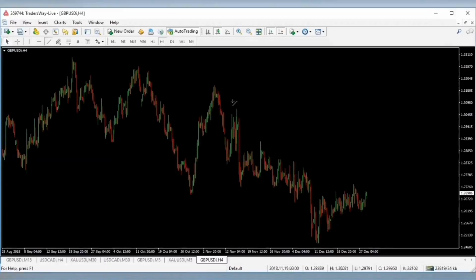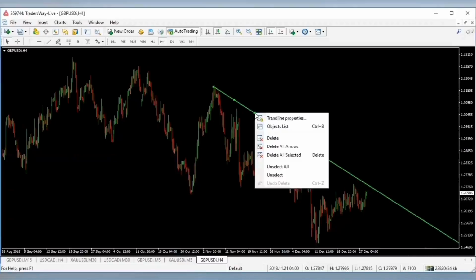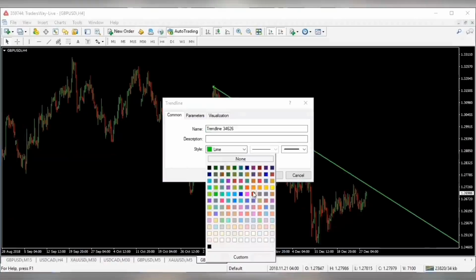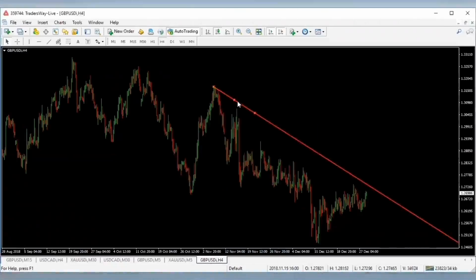Let's go ahead and place our trend line. I always advise all my students to place the trend line on a time frame that can see it clearly and be able to make a decision based on that trend line. Because if you put a trend line on the monthly time frame, it's not going to affect you when you are going to place a trade, because you will not be able to see that trend line.